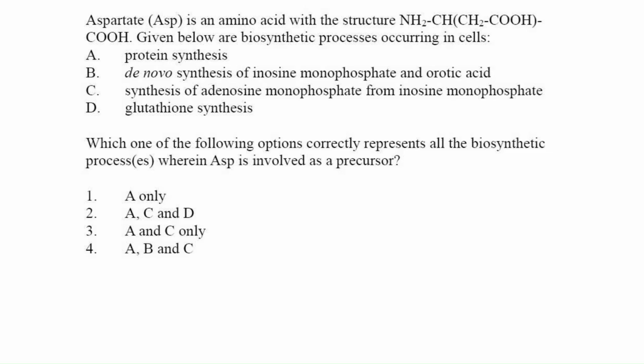It is also used in the synthesis of adenosine monophosphate from inosine monophosphate, and it is not used in the synthesis of glutathione. So this is the only odd one out. Now based on this, our answer will be option 4. The correct representation of all the biosynthetic processes is A, B, and C.